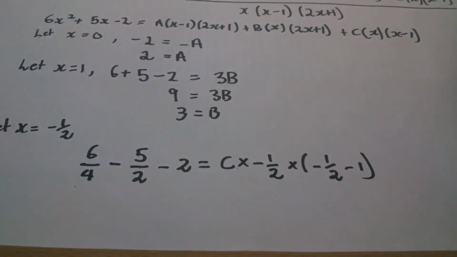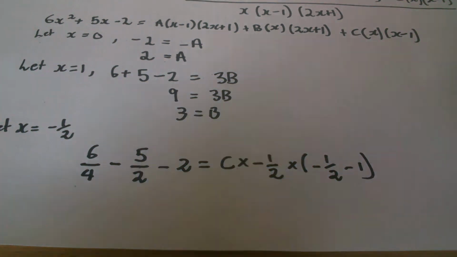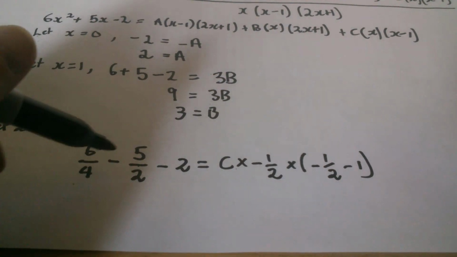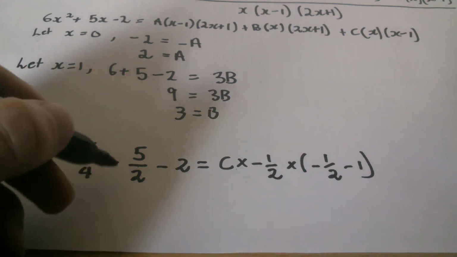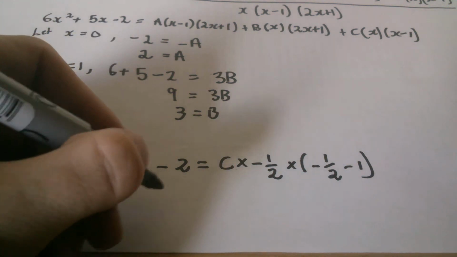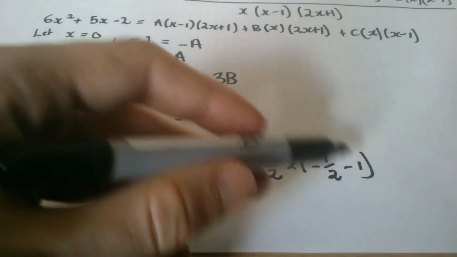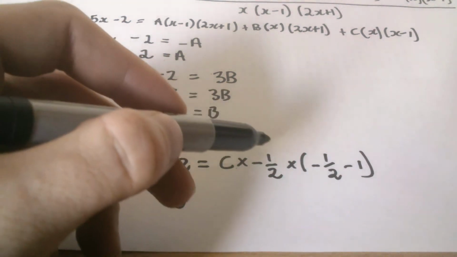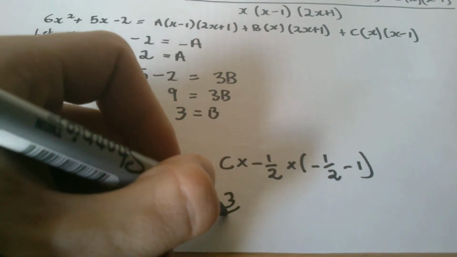So we've got to basically simplify this a little bit. This over here is going to give you 6 over 4. That's going to give you minus 3. Minus a half, that's minus 3 over 2. So that's going to give you 3 over 4c.